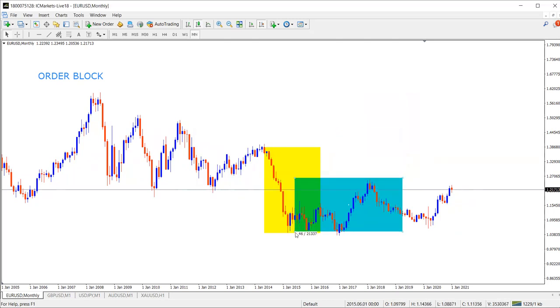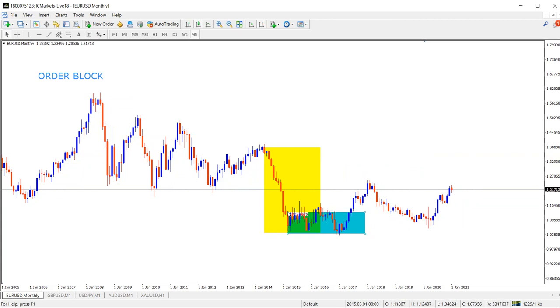If you look at this one, you see the last candle of the bearish candlesticks. If the market is going down like this, the last candle of the bearish candlestick is called the order block. You see that there's liquidity in that zone.